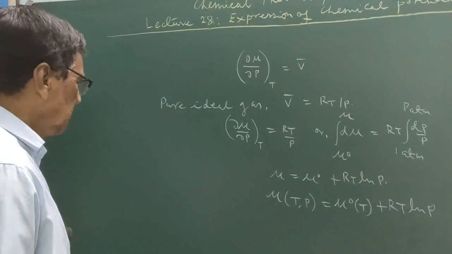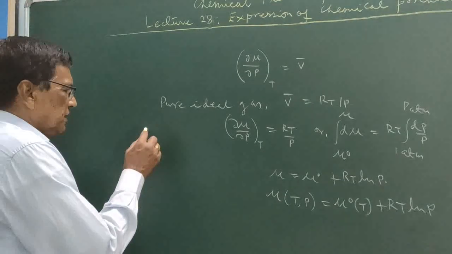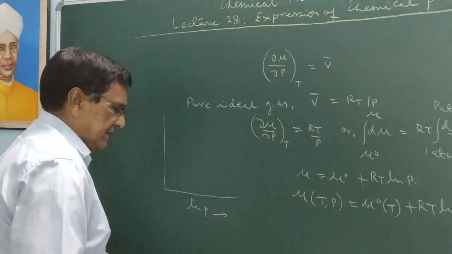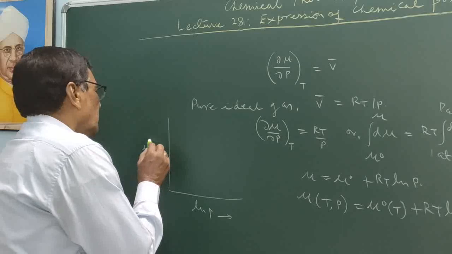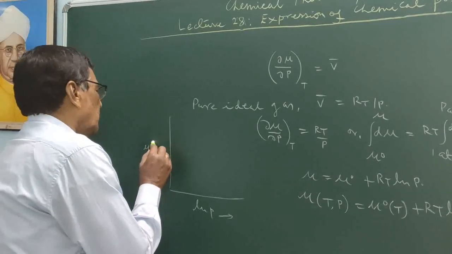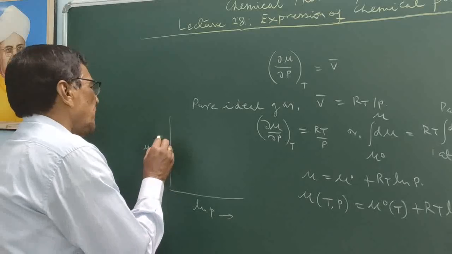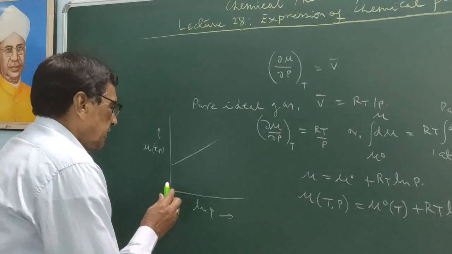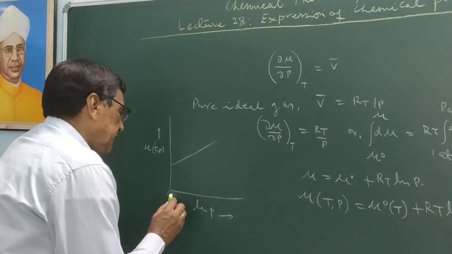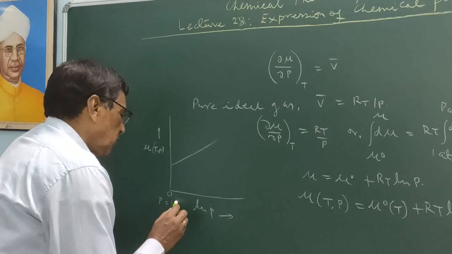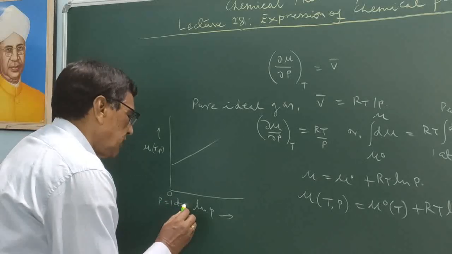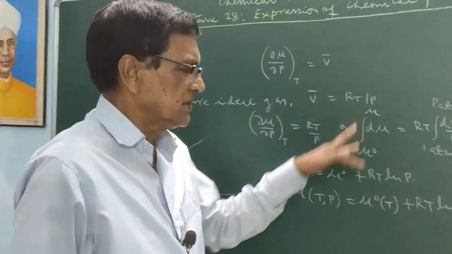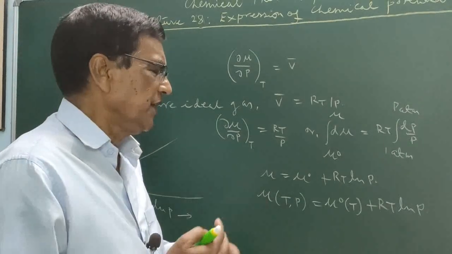So if we draw this curve, ln P along the x-axis and mu(T, P) along the y-axis, it will give a straight line. Here ln P equal to 0 means P equals 1 atmosphere. So with the increase of pressure, the chemical potential of this ideal gas is also increased.